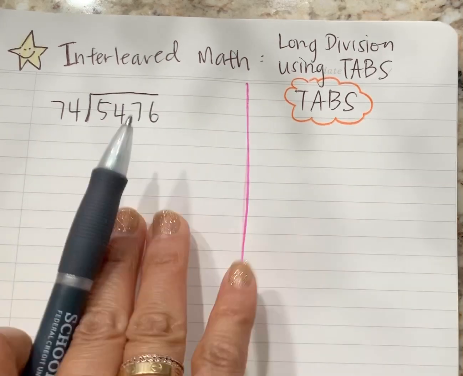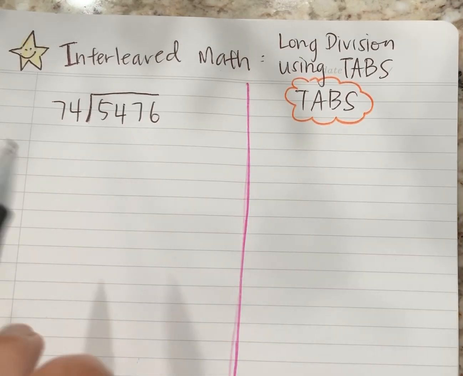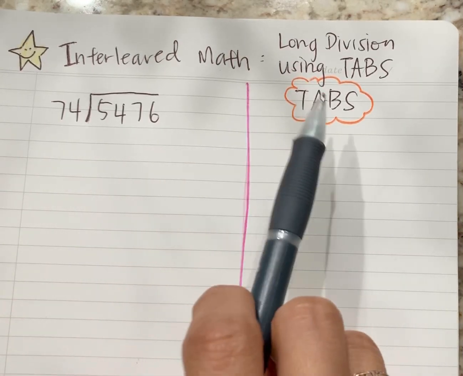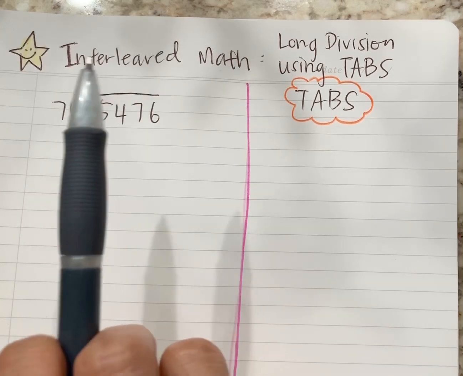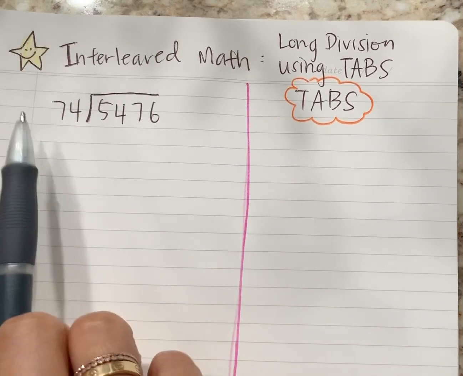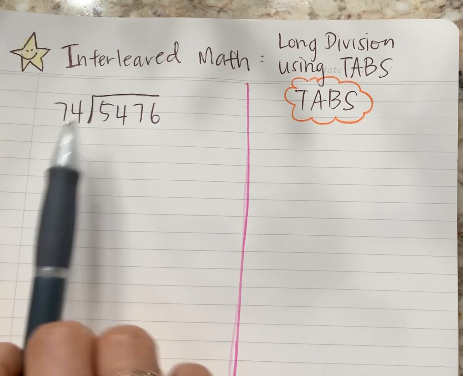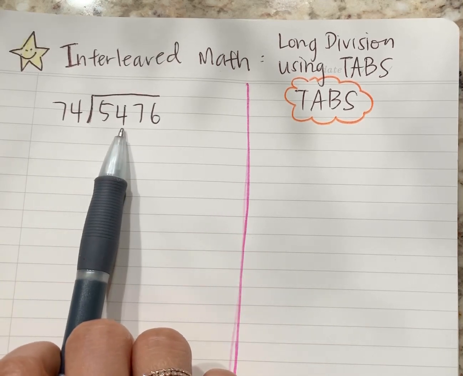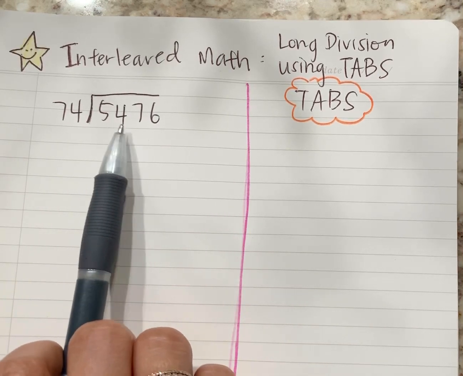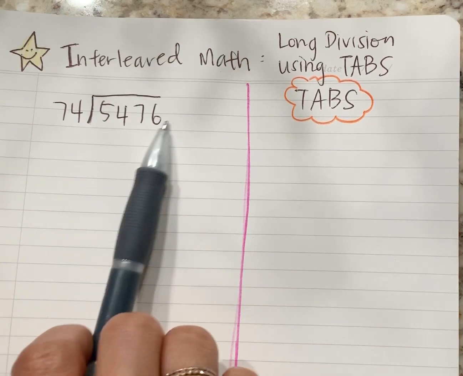Remember I said that we call this strategy tabs because we're keeping tabs of how many times we use this number 74 to continuously subtract from this dividend.